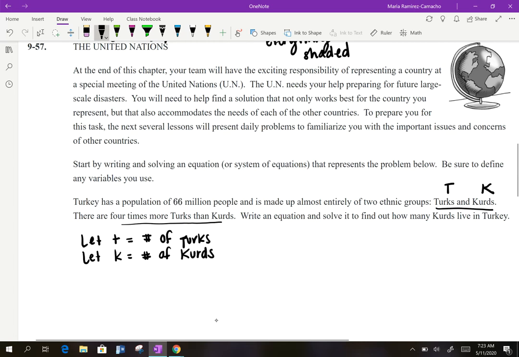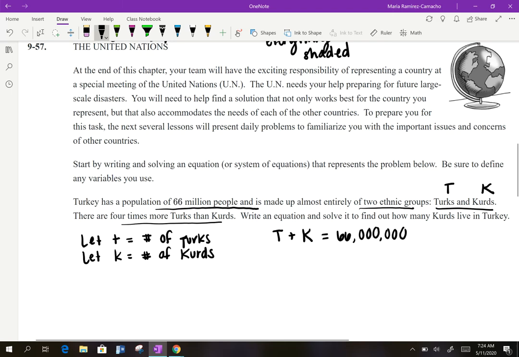Okay, Turkey's population of 66 million people is made up of these two ethnic groups. So our very first equation would be T plus K is equal to 66 million.